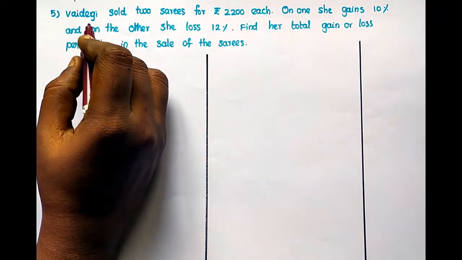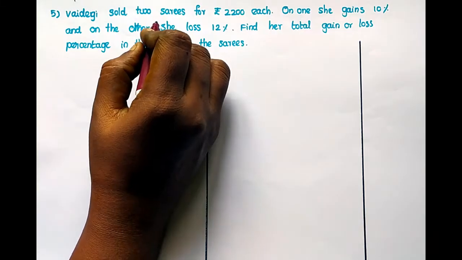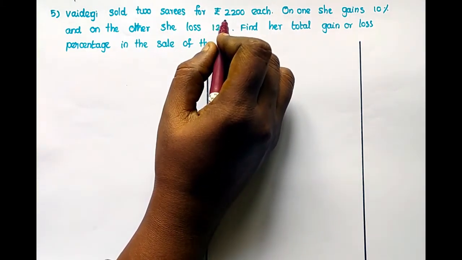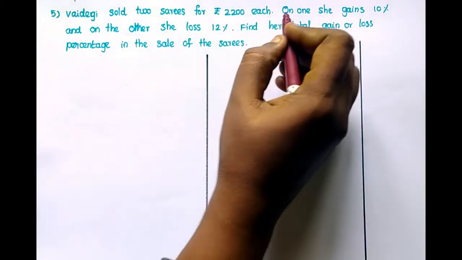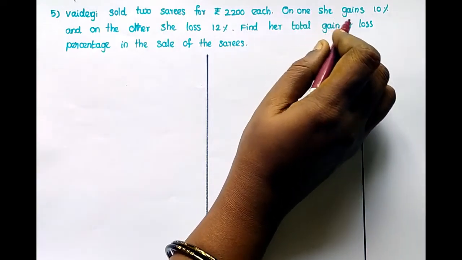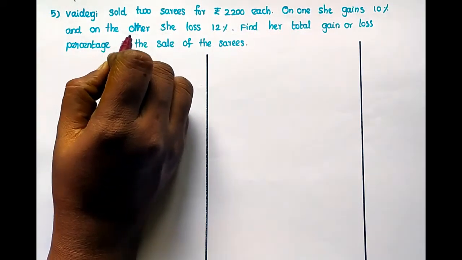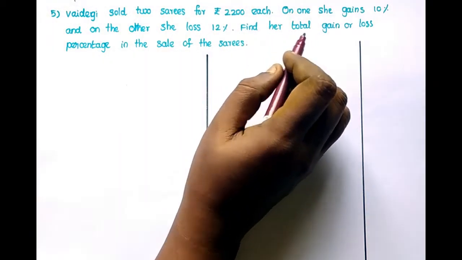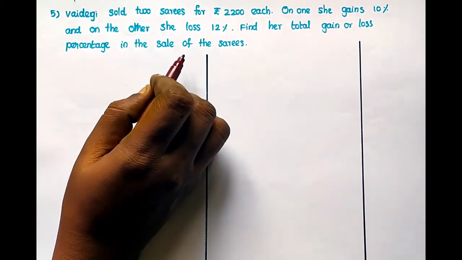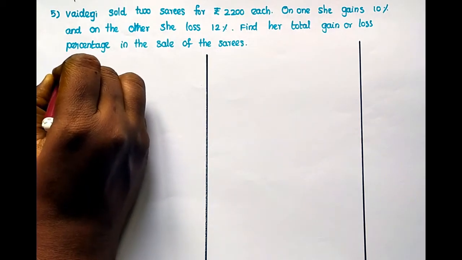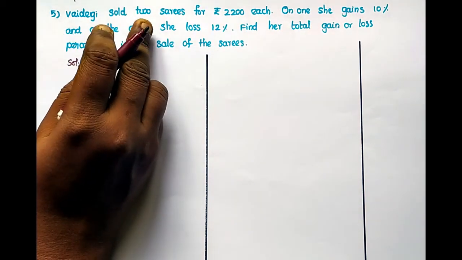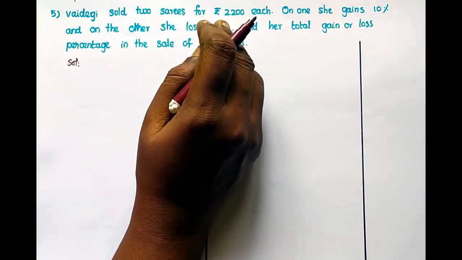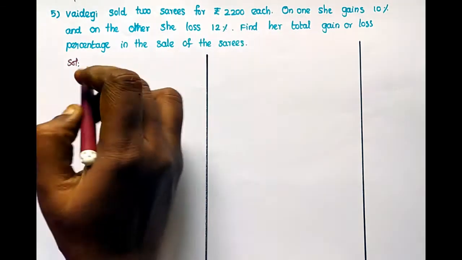Fifth sum. Vaidegi sold 2 sarees for rupees 2200 each. On one she gained 10% and on the other she lost 12%. Find her total gain or loss percentage in the sale of the sarees. Listen, Vaidegi sold 2 sarees, each saree 2200.